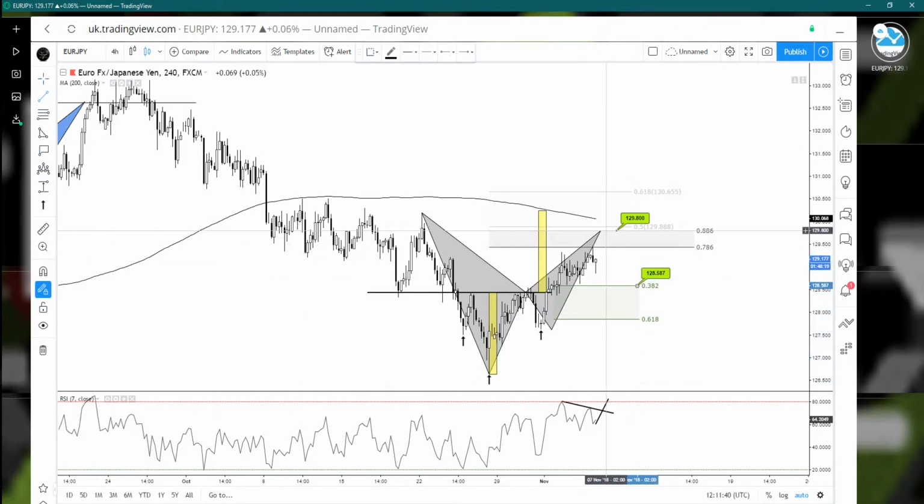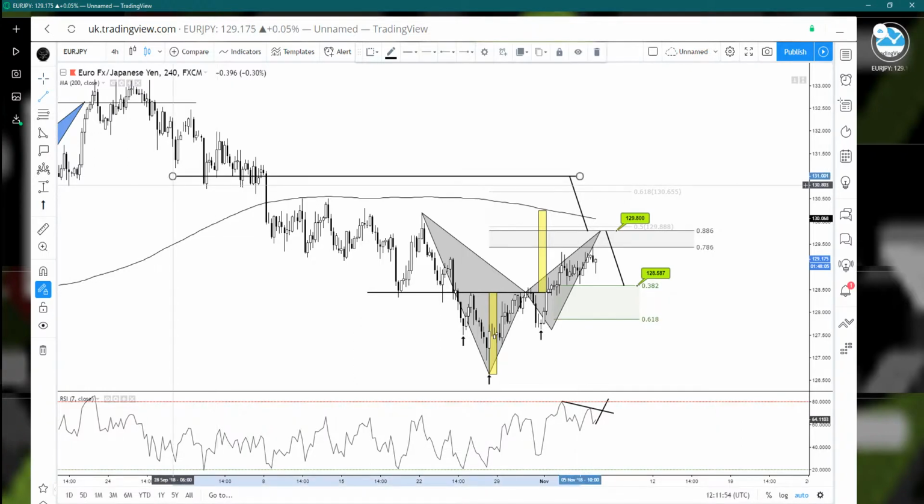So entry point, target zone, 1-to-1 risk reward. We'll put our stop loss at these levels.